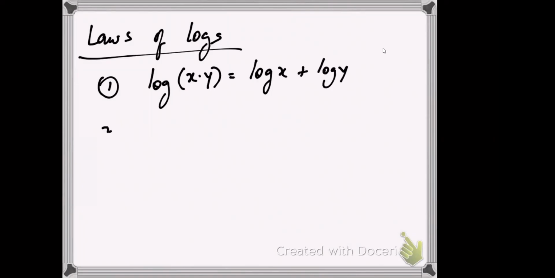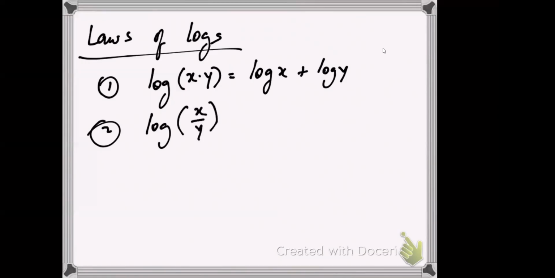First rule. Second rule, log, which is the same base. That could be base 10, or base 2, whichever you want. In the calculator, the log base there is 10, and then there's one which is natural log, ln. That's a discussion for another time.